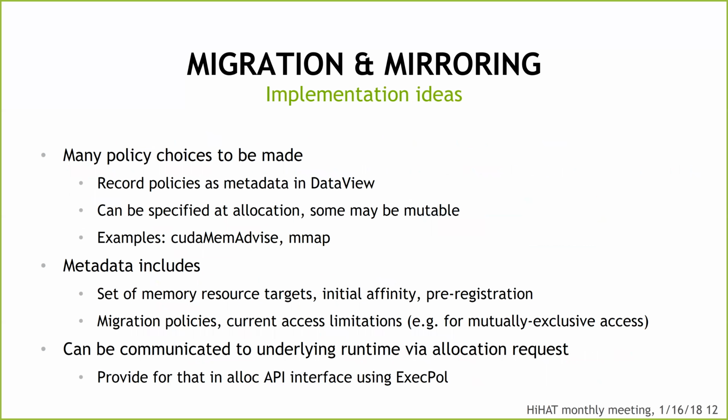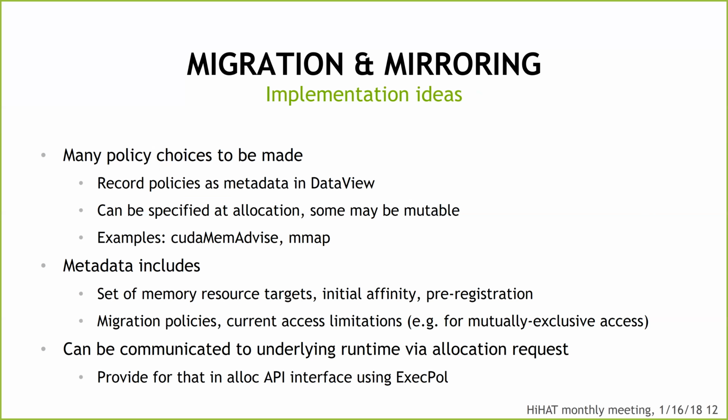The idea that we have is our notion of a data object is a data view. That's your view that you have for this thing. So you can record these policies as metadata in the data view and say allocate it with these policies. And I can specify some initial conditions. Some of those properties and policies can be mutable if I want to change them over time.